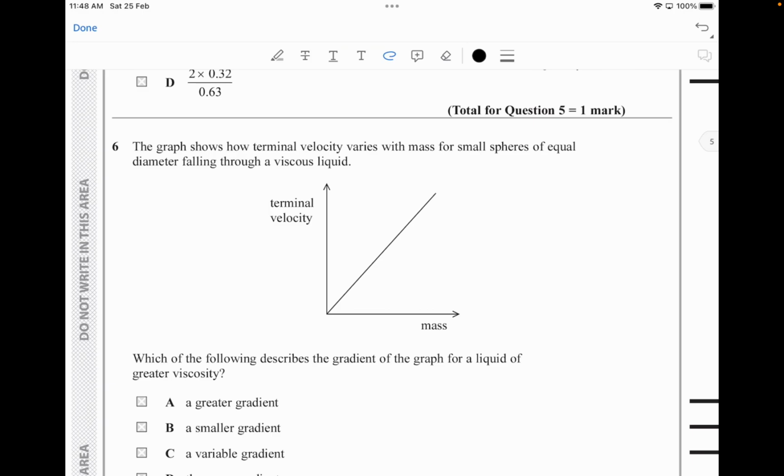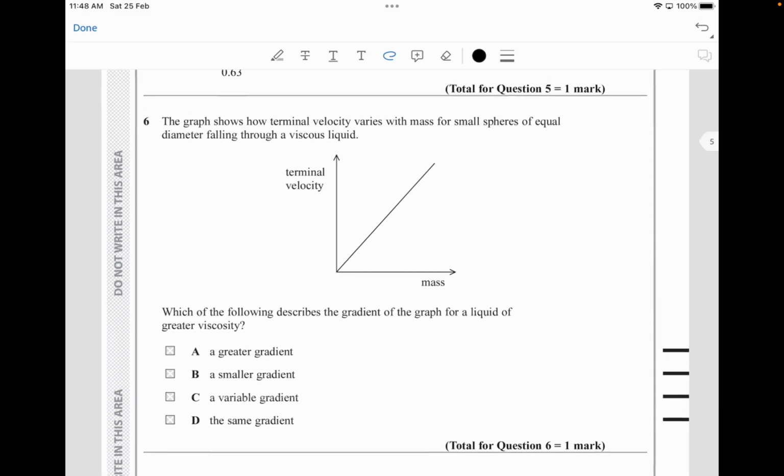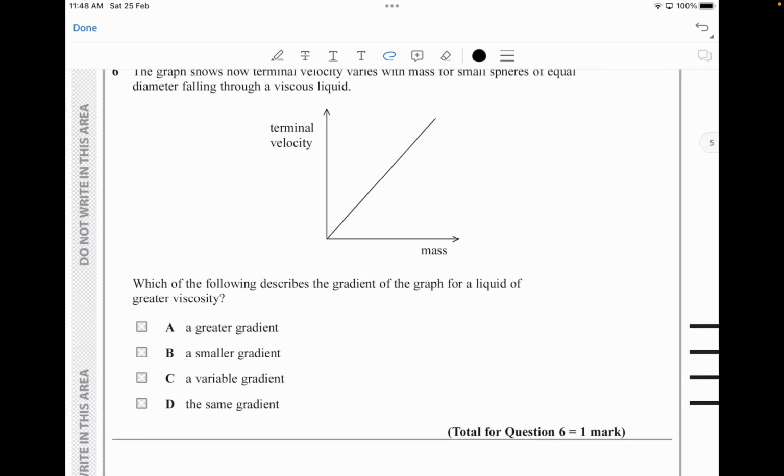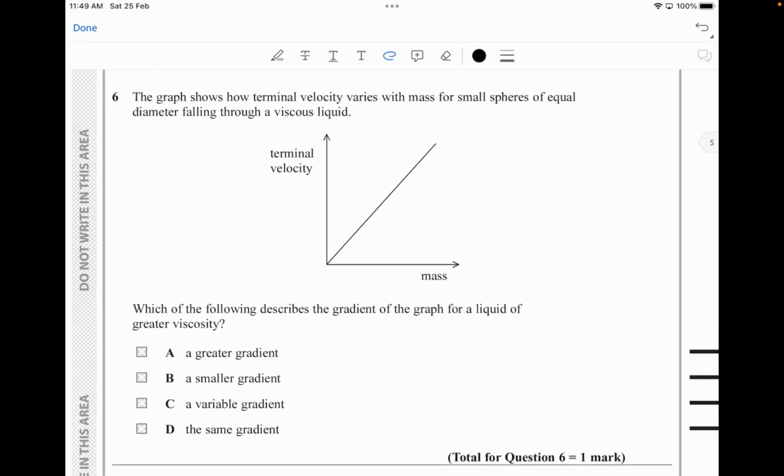Question 6. The graph shows how terminal velocity varies with mass for small spheres of equal diameter falling through a viscous liquid. So we can see a graph of terminal velocity against mass. Which of the following describes the gradient of the graph for a liquid of greater viscosity? In this case, it's going to be option B because there's going to be a smaller gradient.